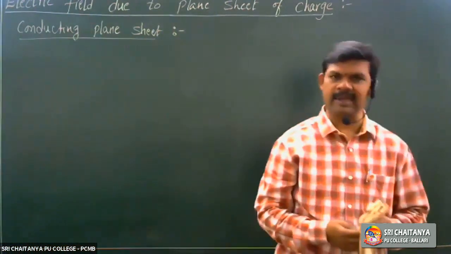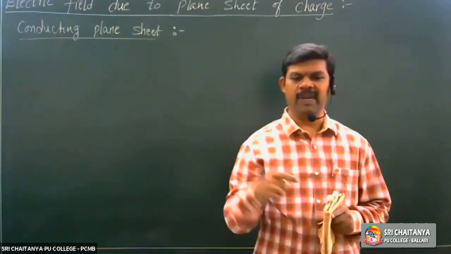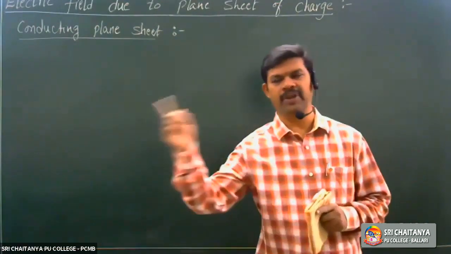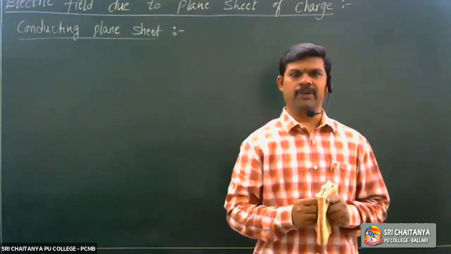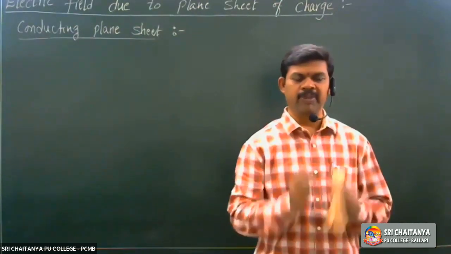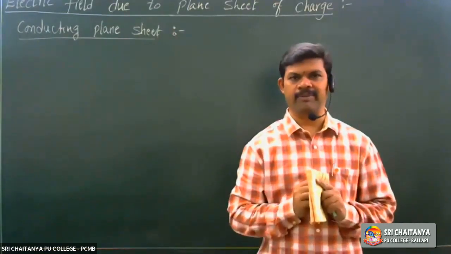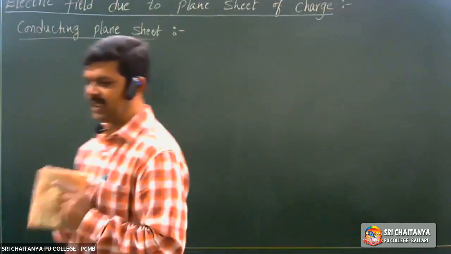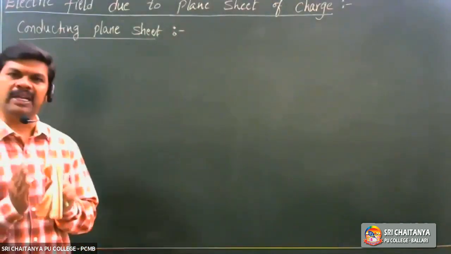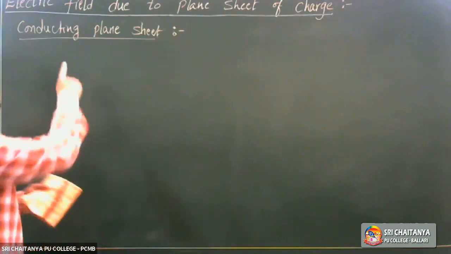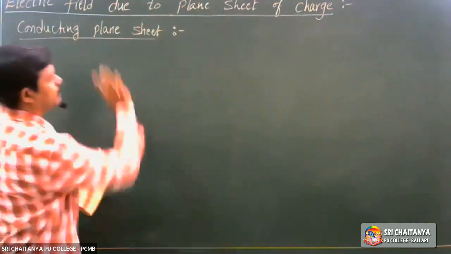A metal plate is given a charge. What is the field due to it? Wherever you find the word metal, immediately the idea should come: it is a conducting one. Conducting sheet, metal plate, metal slab, thin slab. This type of words refers to a conducting sheet.